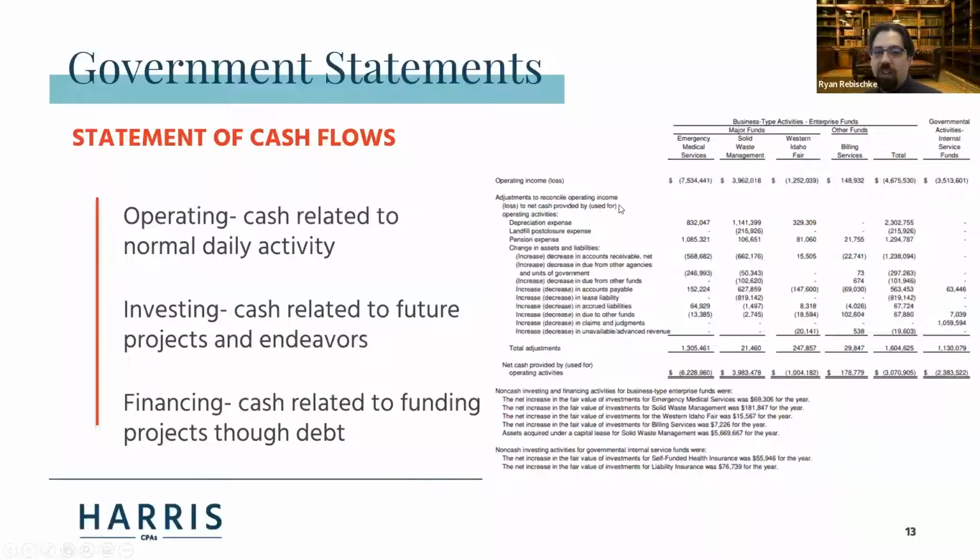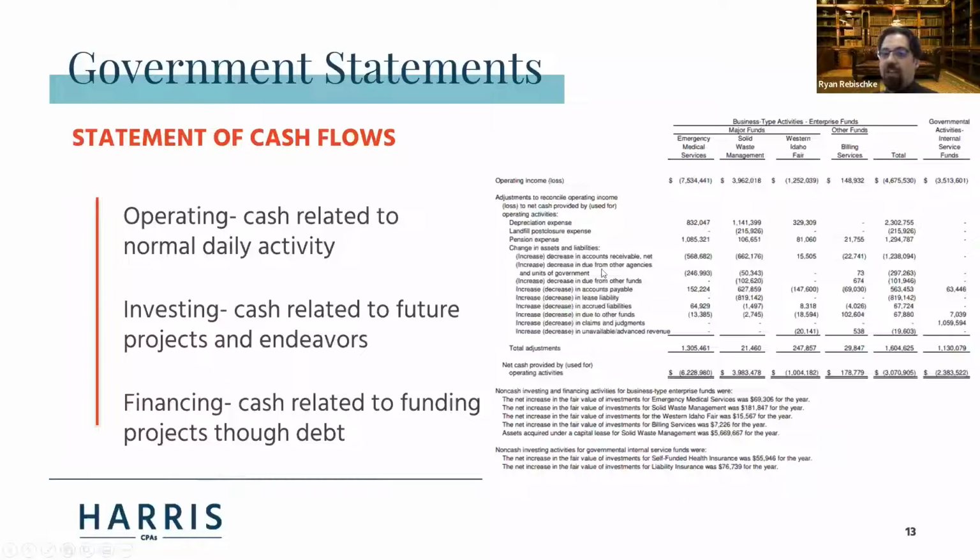So you'll see operating income, and that's all they have on this one. That would be cash flows related to normal daily activities. That's just your normal, my receivables came in, my operating income, my payables changed, anything with your normal day-to-day, that's an operating cash flow. And you'll see these changes here by fund.